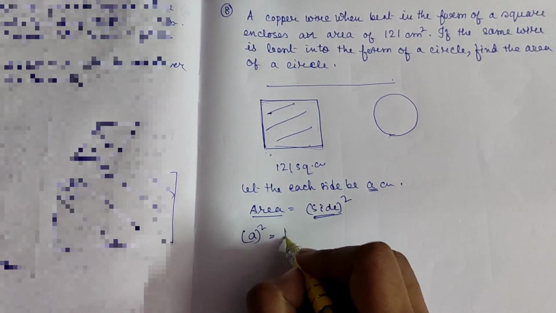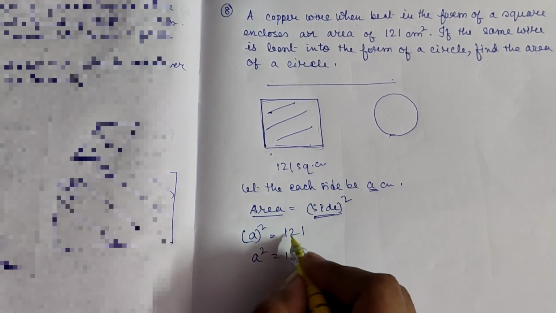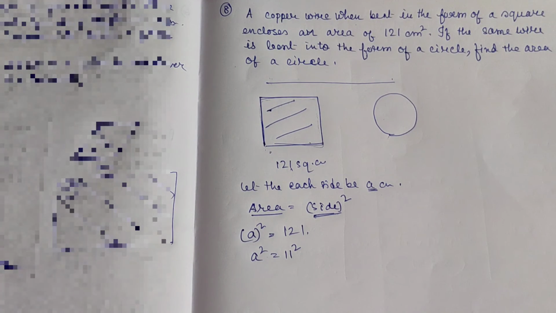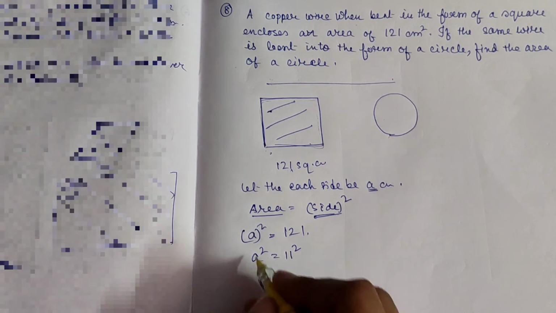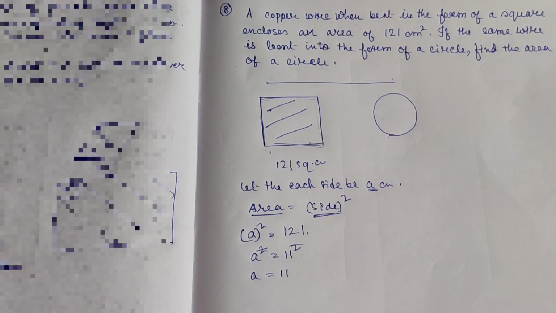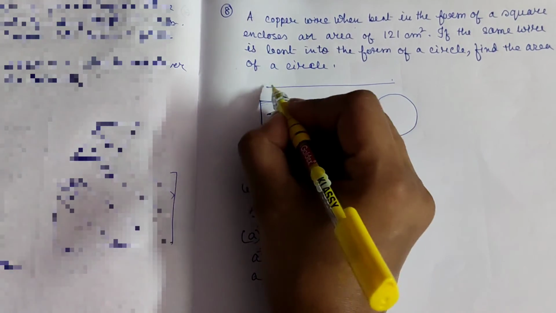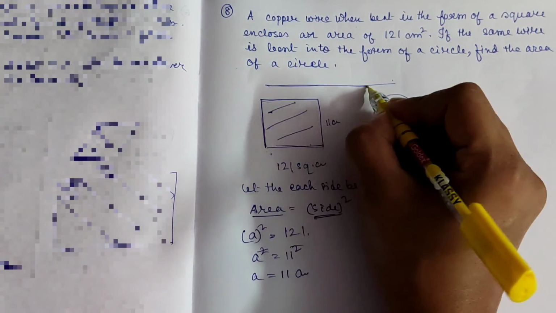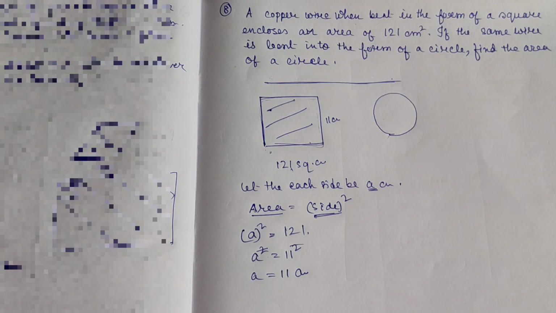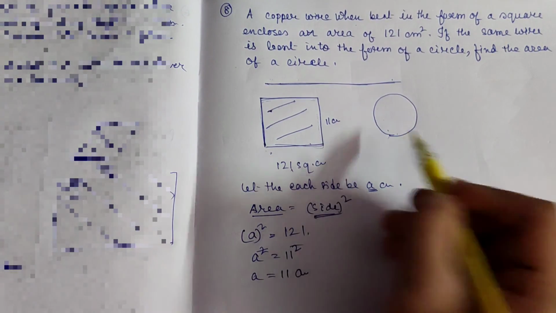Total area is given what? 121. So a square equal to 11 square, because 11 into 11 is 121. If I remove the square, each side is 11 centimeter. Now we have to know the total measurement of the wire, because the same wire is used to form the circle.